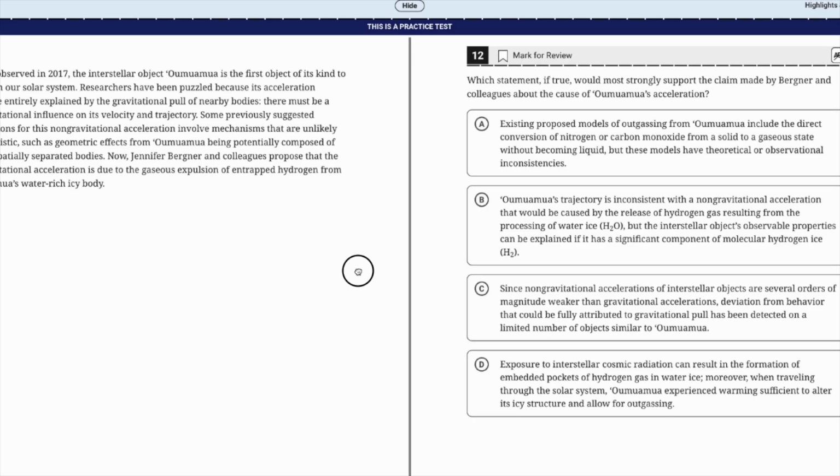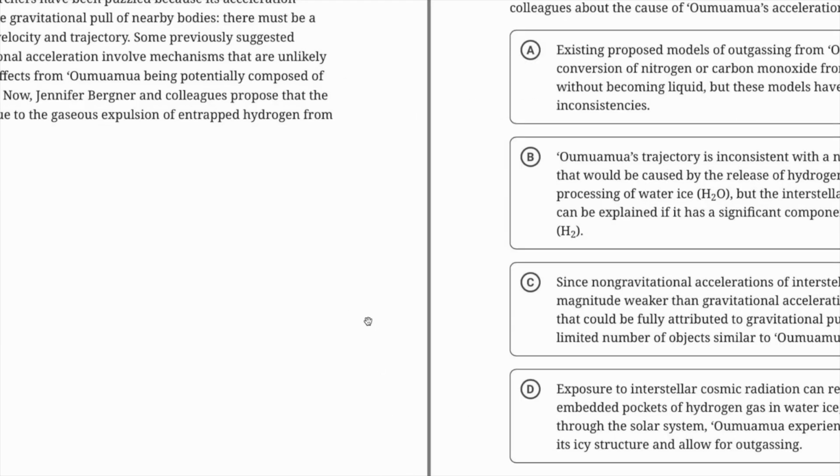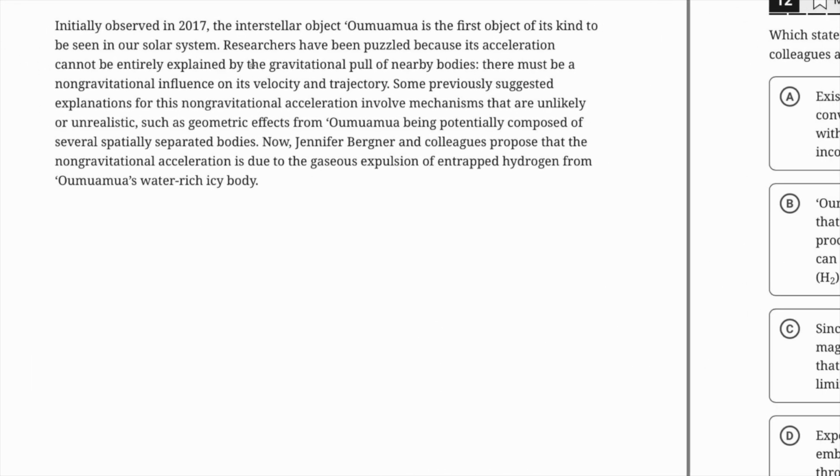Which statement would most strongly support the claim made by these people about the cause of, I'm just going to say, O's acceleration? So initially observed here, the interstellar object O is the first object of its kind to be seen in our solar system. Researchers have been puzzled because its acceleration cannot be entirely explained by the gravitational pull of nearby bodies.